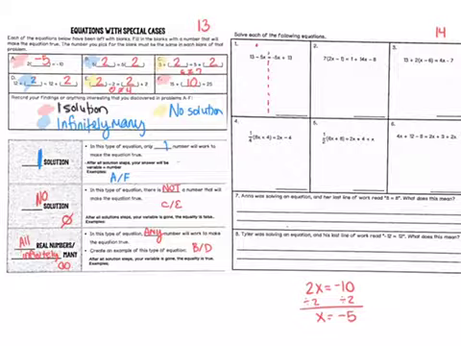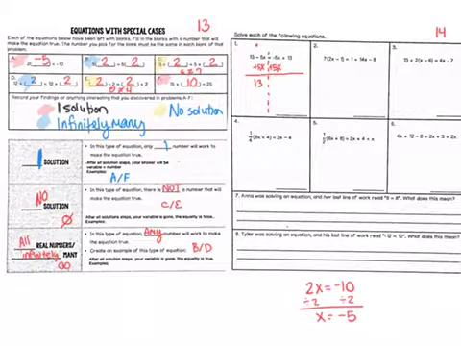So I want to start by moving the negative 5x to the other side of the equal sign by adding it. Do that to both sides to keep it balanced. On the left, the negative 5x and the positive 5x will cancel, leaving me just with a 13.